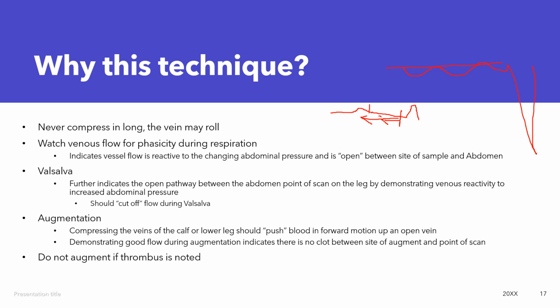As I mentioned earlier, if you've found a clot while imaging everything in transverse first, and you're comfortable going forward with the exam, just doing your color, you would definitely want to leave your augmentation out, because this is where you'd be most likely to dislodge a thrombus. So don't augment if you have known thrombus.